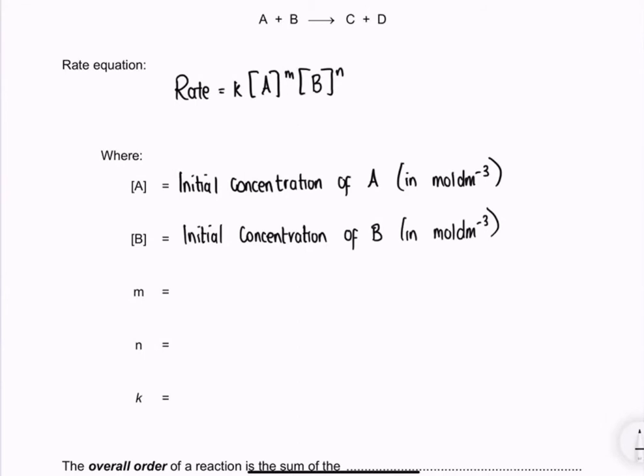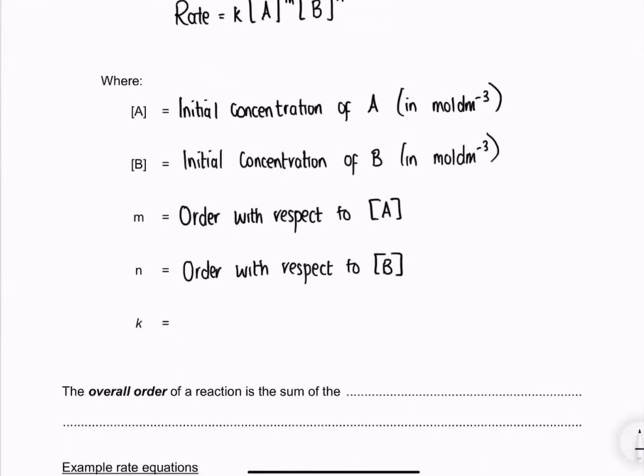It might be a little bit old-fashioned to you, but you might have called these the indices at high school. The power at the top, and m is going to be the order with respect to the concentration of A. It's the power to which that concentration term is raised. So we've got m being the power, the order with respect to the concentration of A, and n the order with respect to the concentration of B.